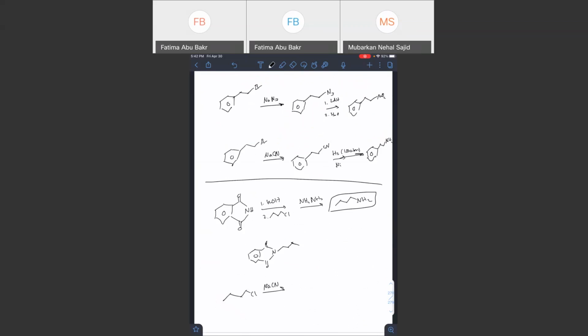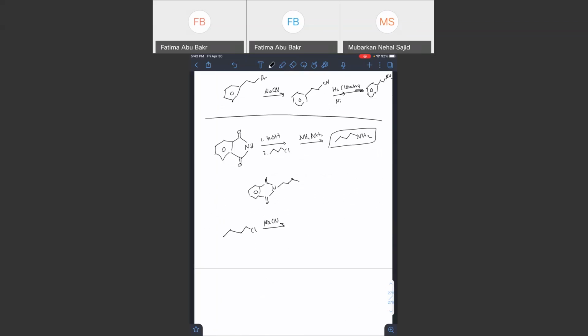Those are great ways of turning a bromide into NH2. So I guess at the end of the day, I'm not quite sure. Maybe if he gave you a starting point, you would need to go this route, because it's not always that you're given the right materials to just go through this.